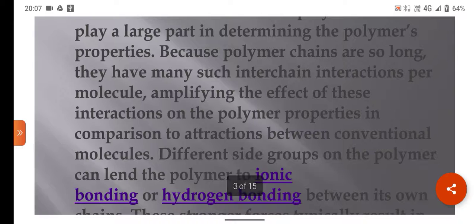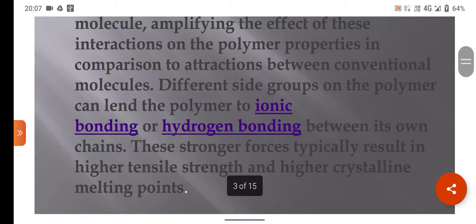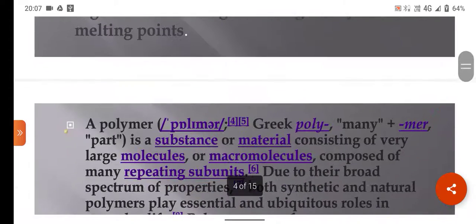Different side groups on the polymer lend the polymer to ionic bonding or hydrogen bonding between its own chains. These stronger forces typically result in higher tensile strength and higher crystalline melting points.